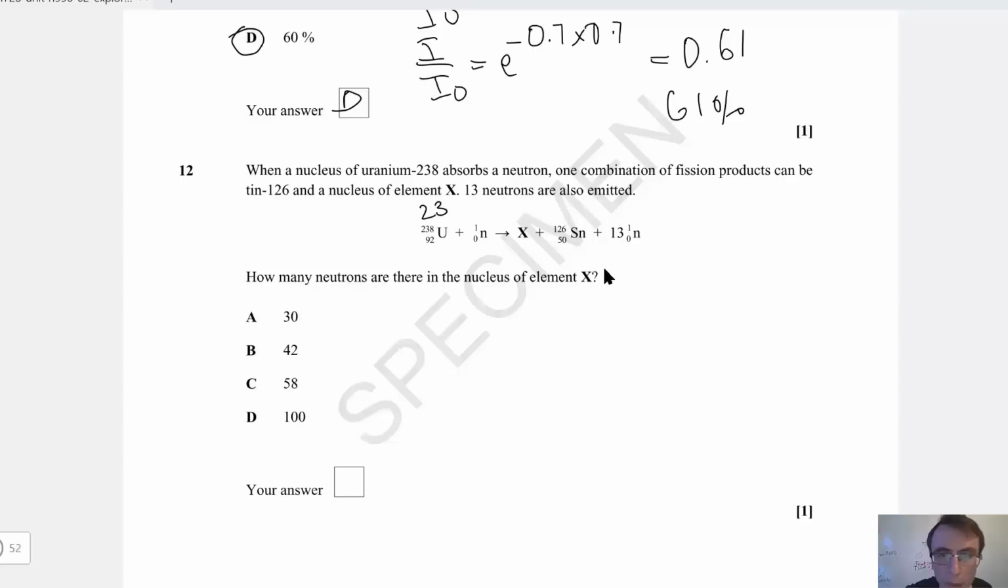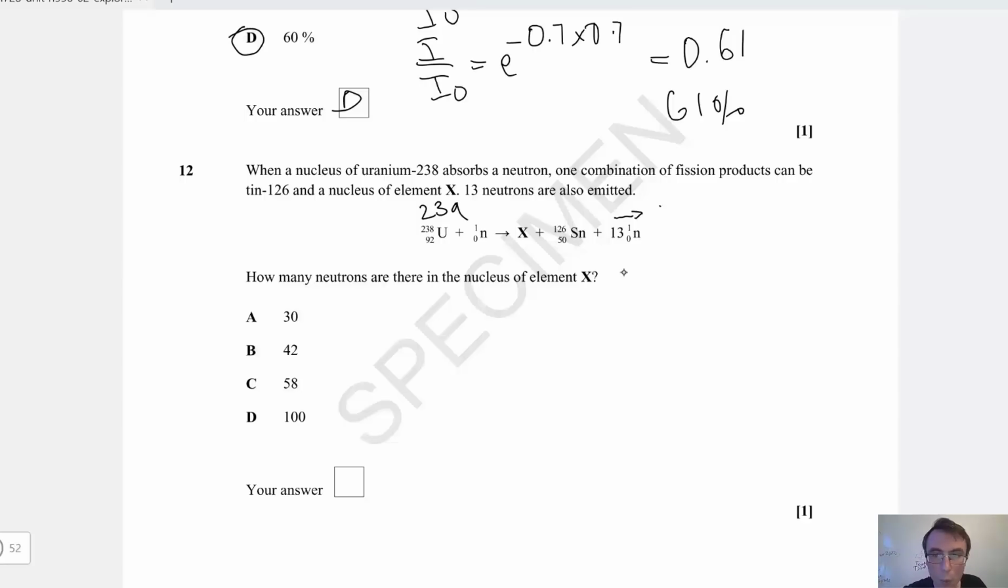So we have a total of 239 nucleons. Are we looking for the nucleons? Let's have a look. How many neutrons? Okay, so we're just going to be looking for the neutrons themselves. So we're going to need to find the proton number and then the nucleon number and then take them away. So we have 126 plus 1 times 13, because there's 13 neutrons.